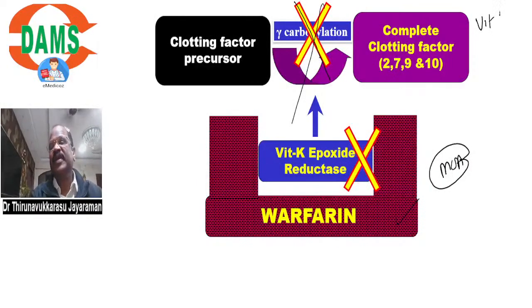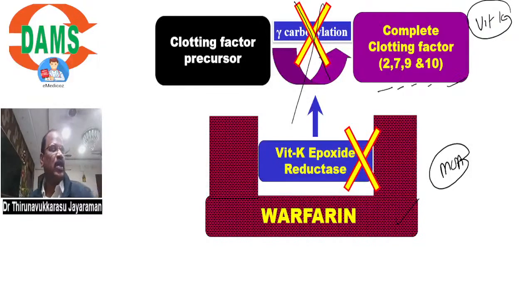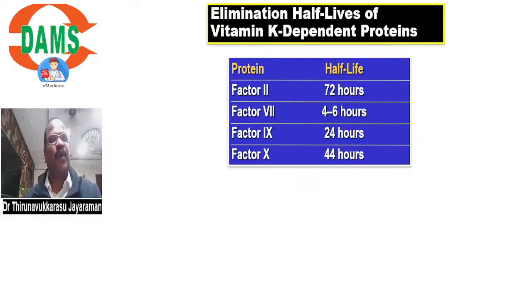The vitamin K dependent clotting factors are 2, 7, 9, 10. So in your exam, if the question was warfarin mechanism of action, the answer is inhibiting vitamin K dependent clotting factors like 2, 7, 9, 10.